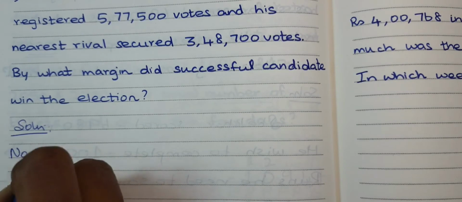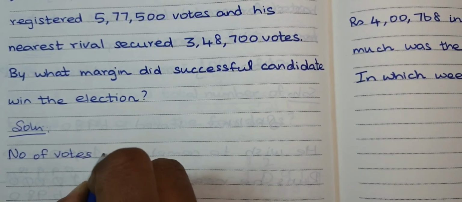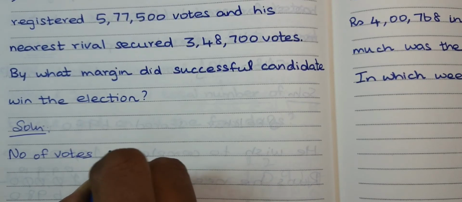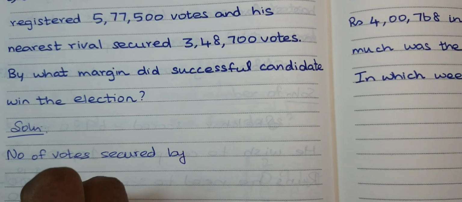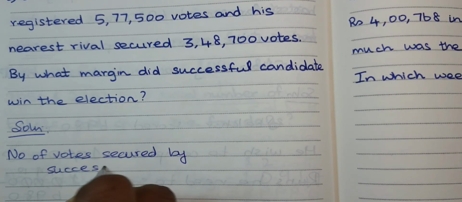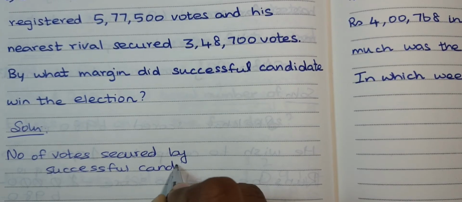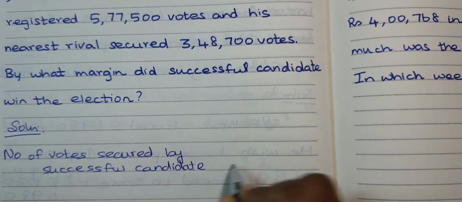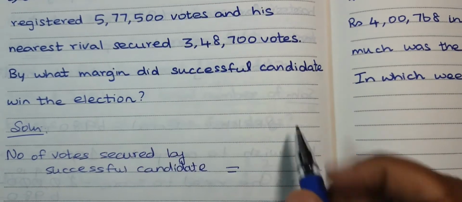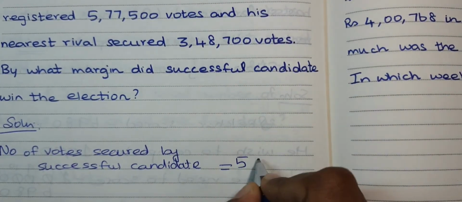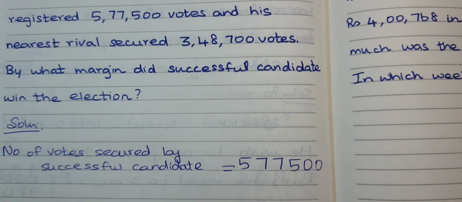First, the number of votes secured by the successful candidate is equal to, as given in the question, 5,77,500.